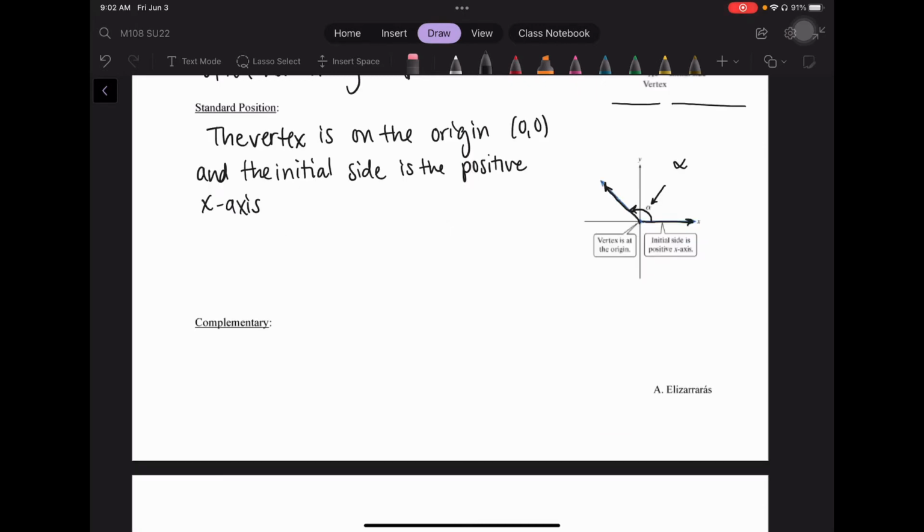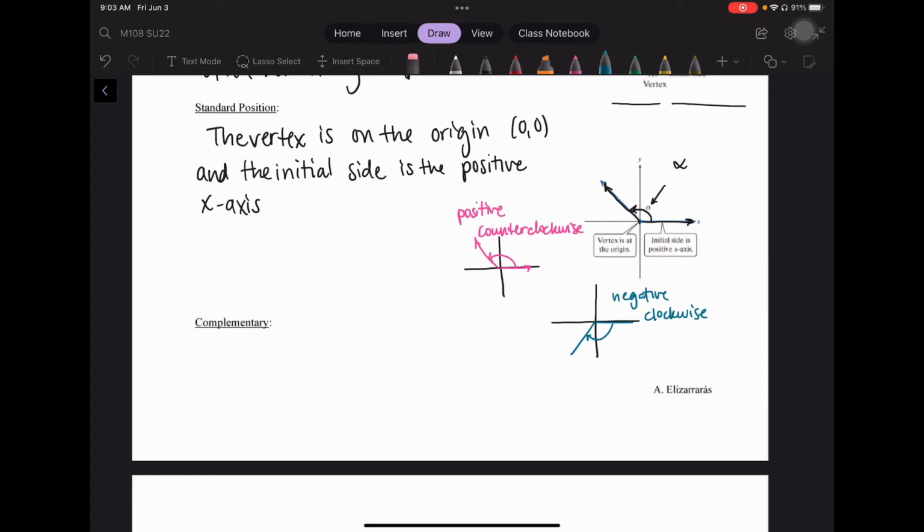For instance, if I have a drawing here and I have a positive angle, my initial side is going to start here, and then it's going to swing to the left or counterclockwise. If you're talking about something that is negative, you're going to swing under or clockwise.